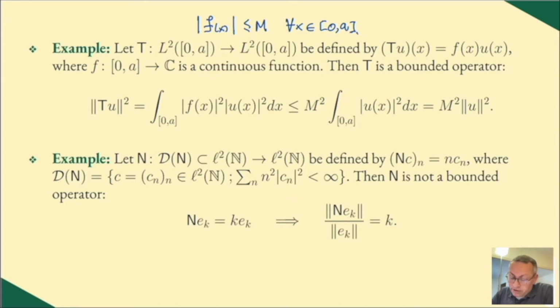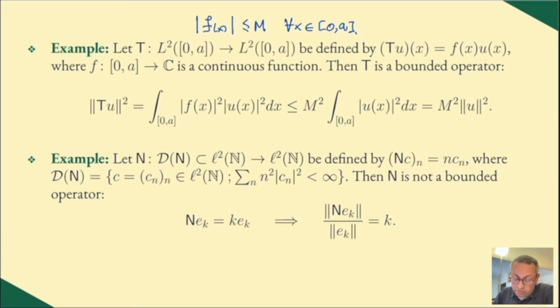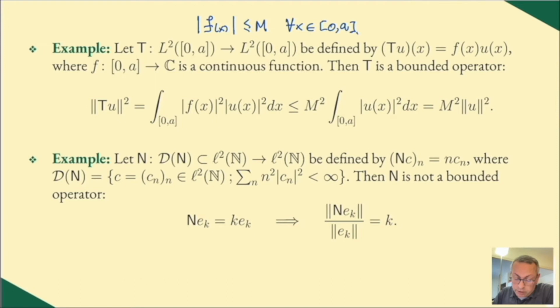And to see that it's not bounded, it's sufficient to just notice a very simple fact that e_k here denotes the element of the canonical basis of l2. They are eigenvectors of the operator N, so the eigenvalue is k. You form this quotient, and it's equal to k. So this shows that it cannot be bounded, because if it were bounded, this quotient would be bounded by some constant independent of k, but this is impossible.